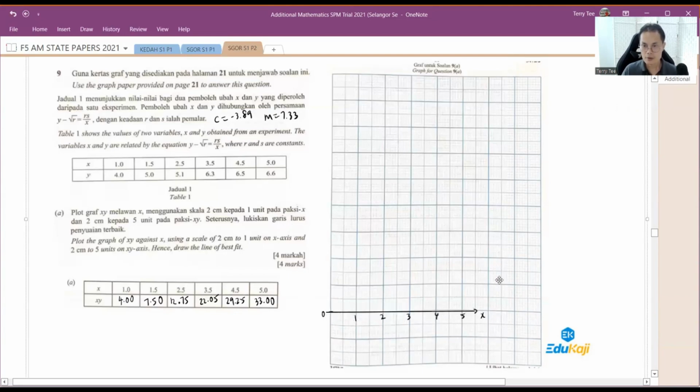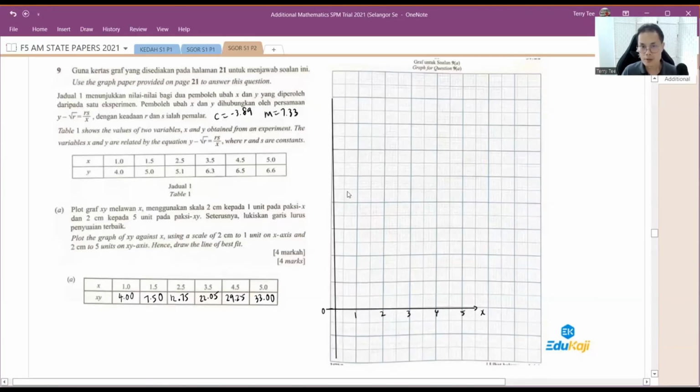Then I draw a vertical line, from the bottom here to the top. I don't know how high it's going to be, so just leave it for now. This is my vertical axis.